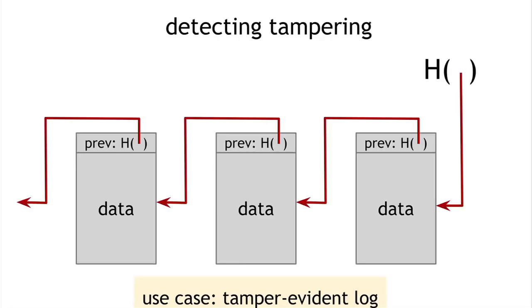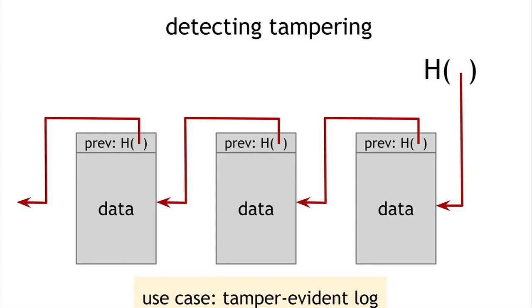For example, here's a linked list that we've built with hash pointers. And this is a data structure that we're going to call a blockchain. Just like a regular linked list where you have a series of blocks, and each block has data as well as a pointer to the previous block in the list, here the previous block pointer will be replaced with a hash pointer. So it says where it is and what the value of this entire previous block was.